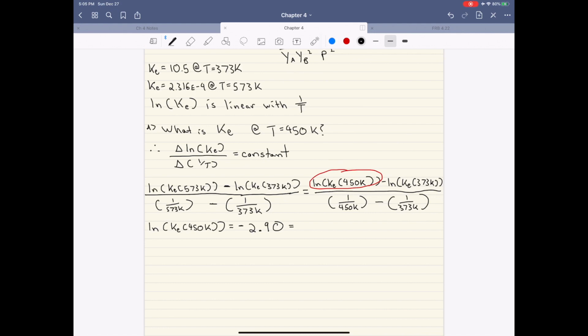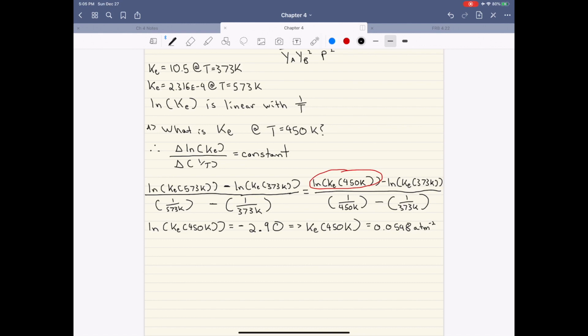And if I take the exponential of both sides, I get that the equilibrium constant at 450K is just equal to 0.548 and then 1 over atmosphere squared.